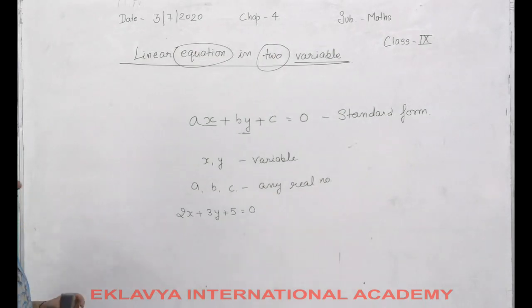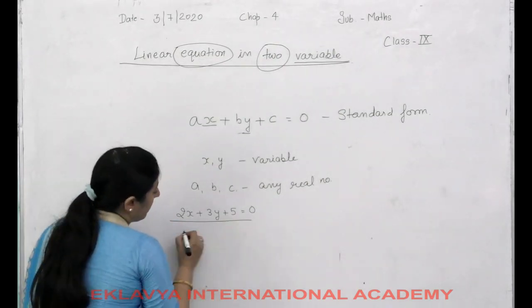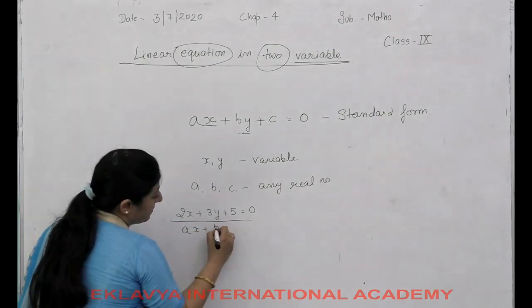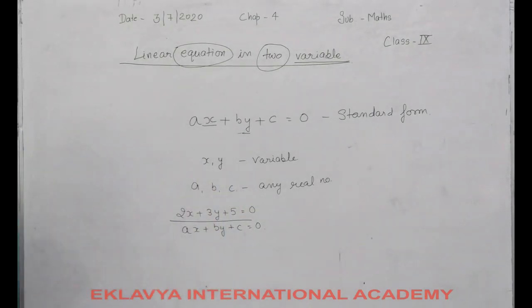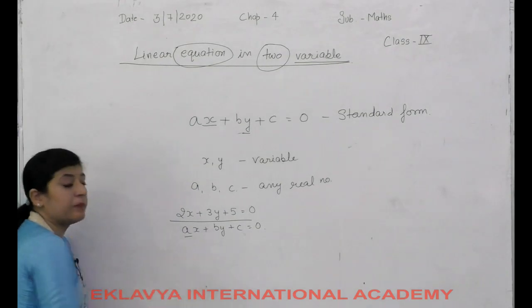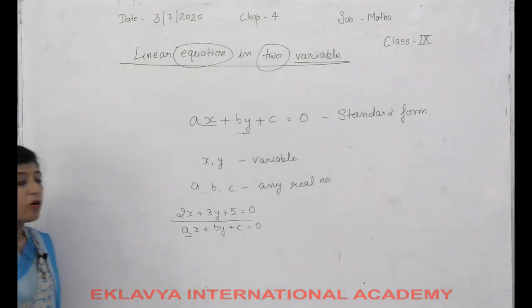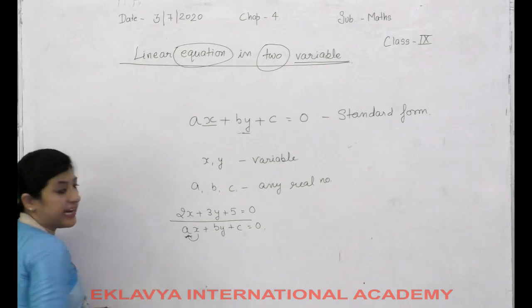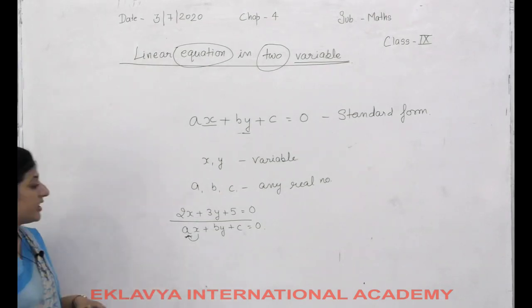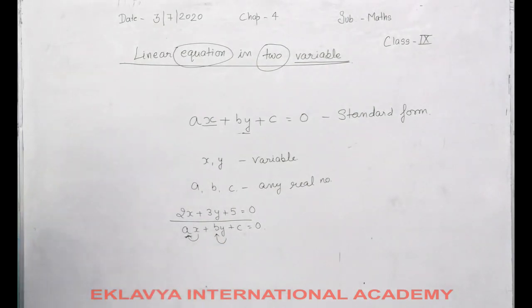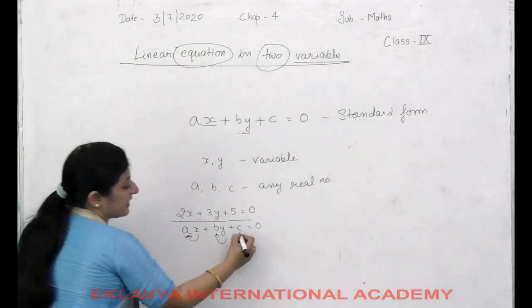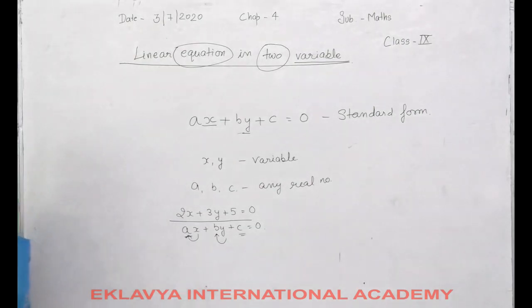Yes, I can find out with the comparison with ax plus by plus c is equal to 0. What is the a here? A is the coefficient of x. What is the b here? B is the coefficient of y. And c is a constant term.